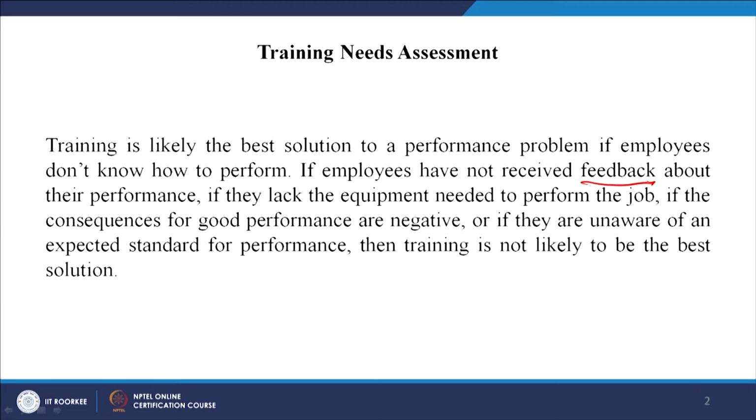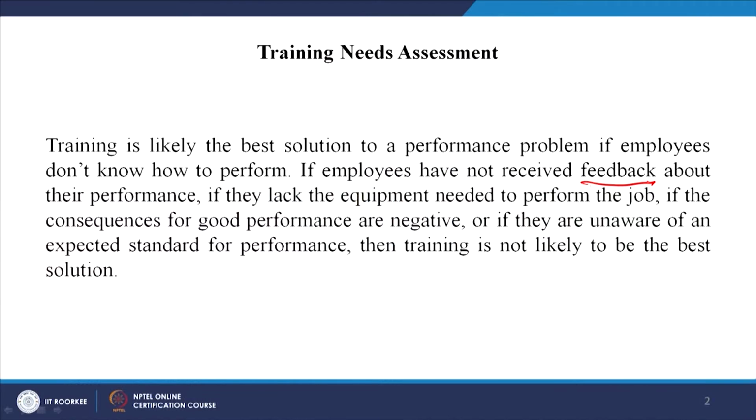If they lack the equipment needed to perform the job, a simple example is, suppose a job is to be done with the help of a particular software only. Then if they are lacking in that particular software or equipment or technology, that is to be noted.